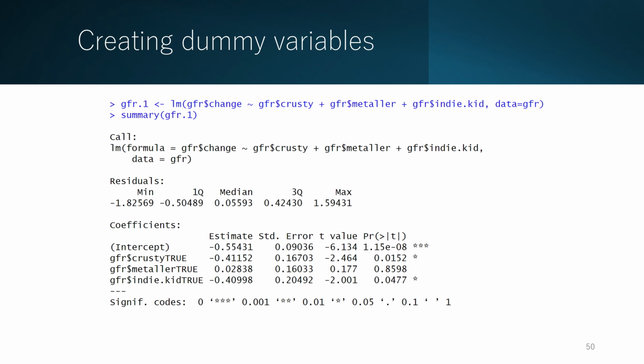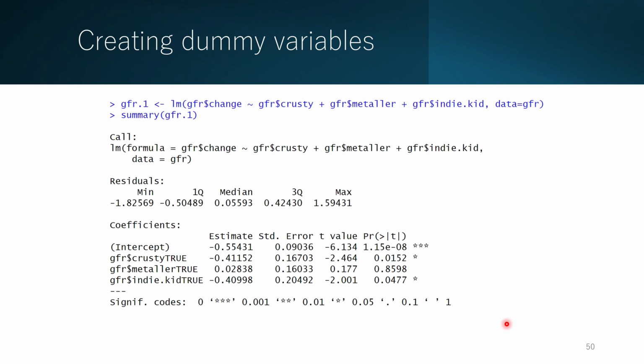To summarize, turn categories into dummies and leave one category out as the reference group. Interpret each dummy's coefficient as the difference from the reference. In this case, crusty versus others, metal versus others, indie kid versus others, female versus others, US versus others.